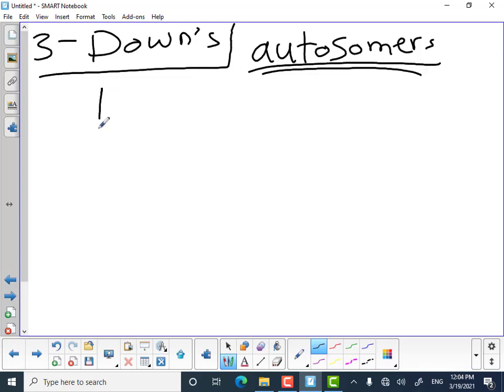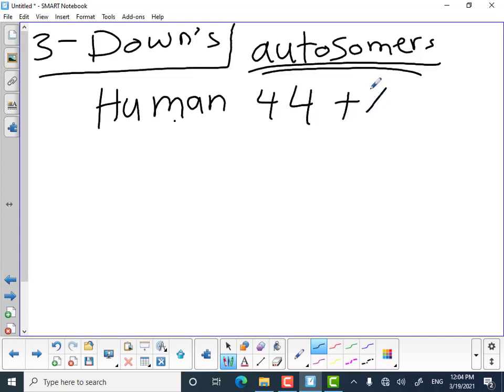In humans, like we know, we have how many chromosomes? We have 44 autosomes plus one pair of sex chromosomes, maybe XX or XY. But in Down syndrome, the problem is in the number of autosomes.